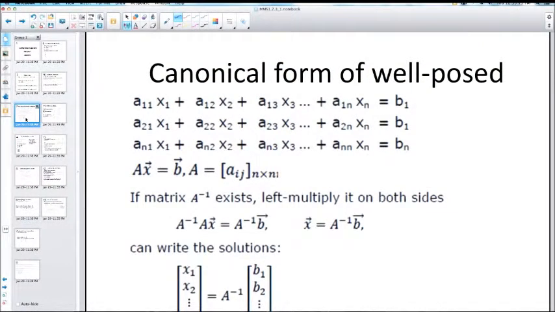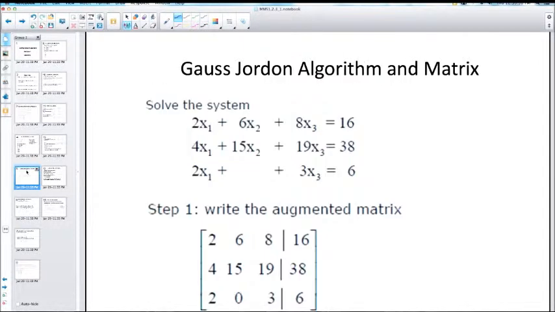The first step we need to do is to write the equation into a standard form. That means you need to arrange every element in the right order. So let me just show you an example. Now you have these 3x3 equations.